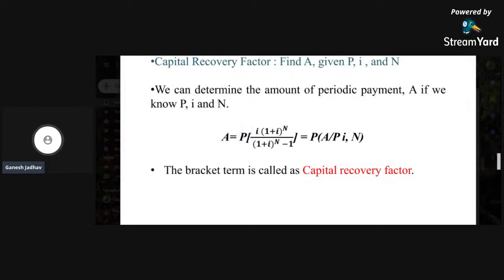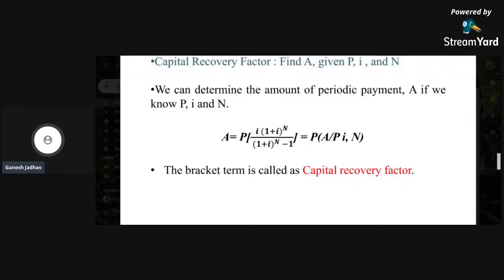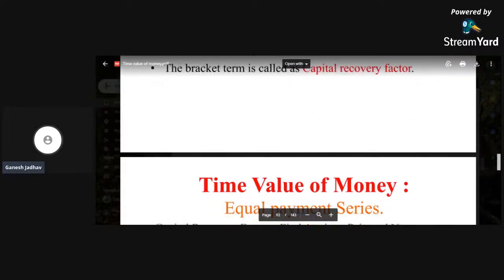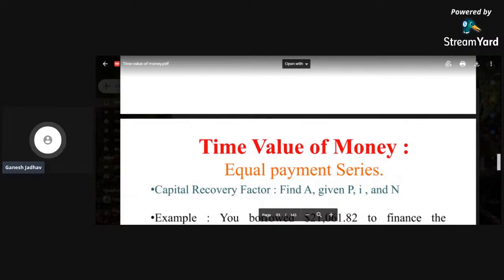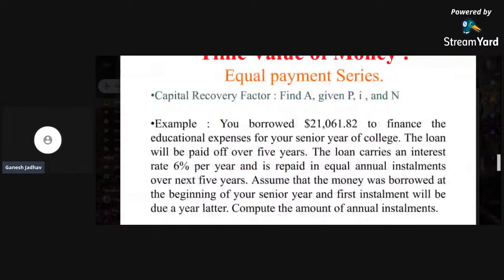This is the formula to calculate the value of A, and the bracket term, that is A divided by P, i comma n, is called the capital recovery factor. This is the example of the capital recovery factor.